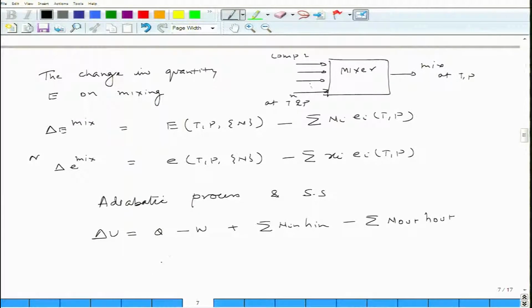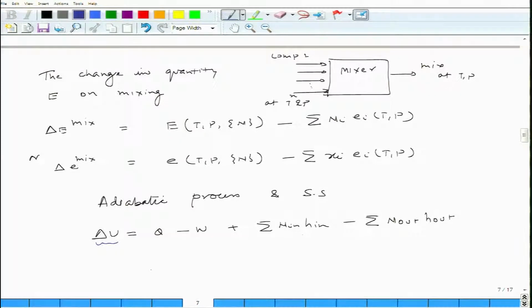For being adiabatic, of course, there is no work associated with it, and the temperatures are constant here. So, this is the component of the system within this mixture.